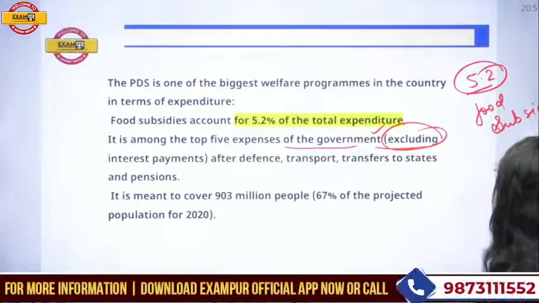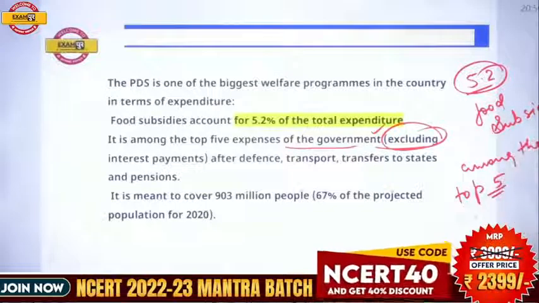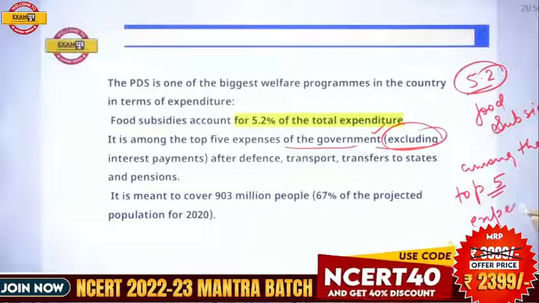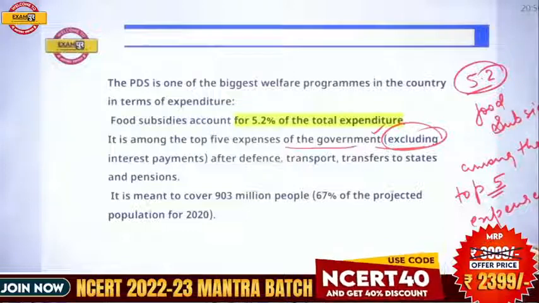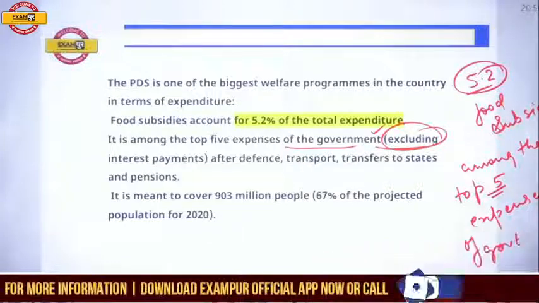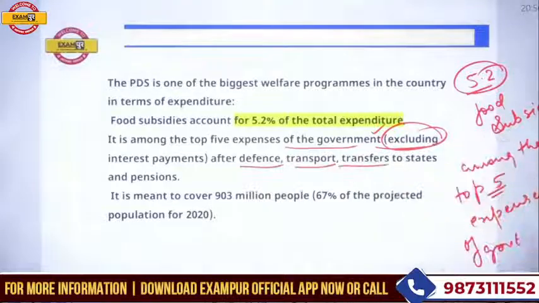Food subsidy is among the top 5 expenses of the government, after defense, transport, transfer to the states, and pensions.